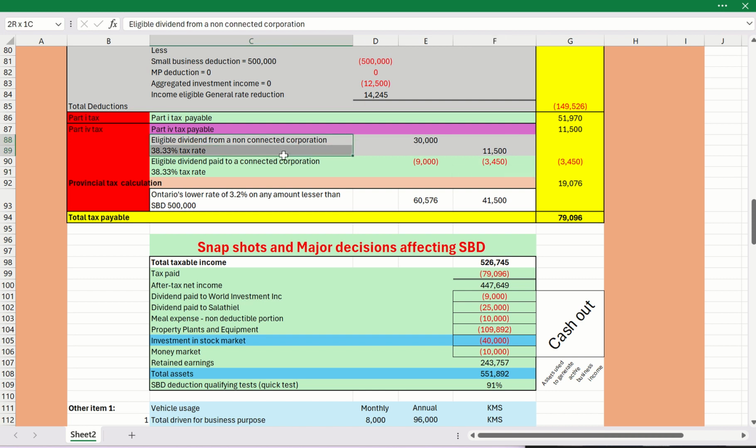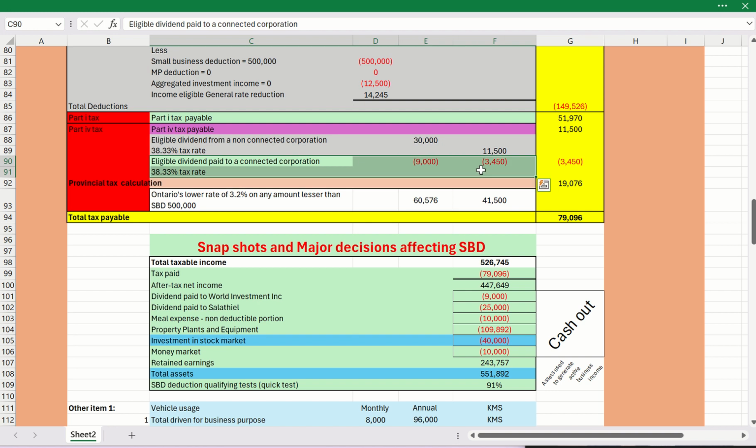So as you can see, highlighted in gray is the dividend that the corporation received. Highlighted over here in light green, you can see shaded as well, is the dividend that the corporation paid.